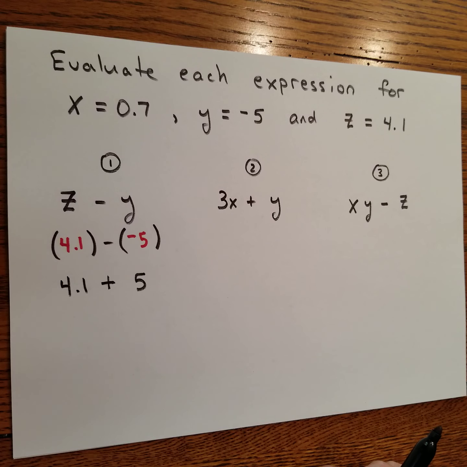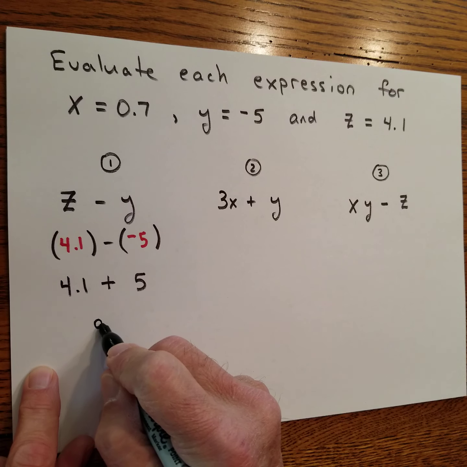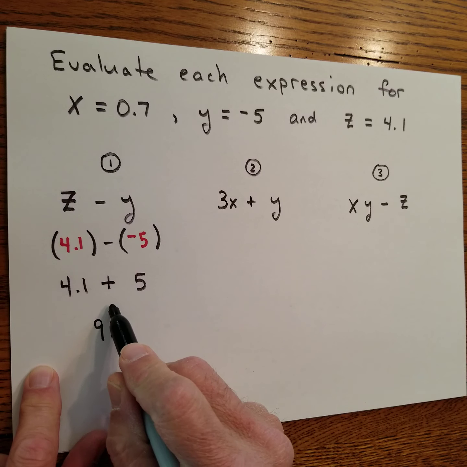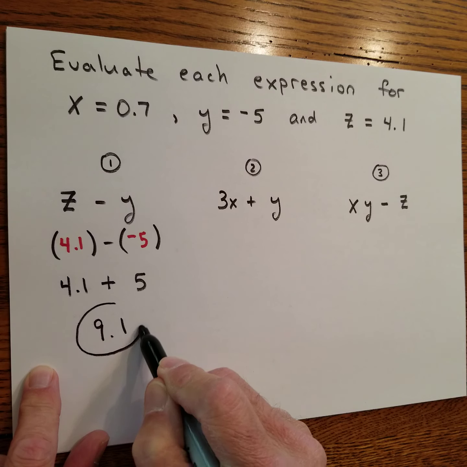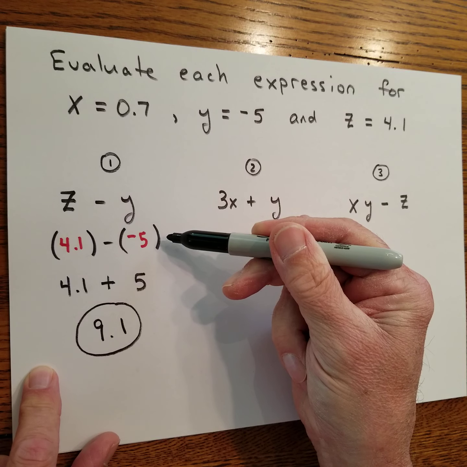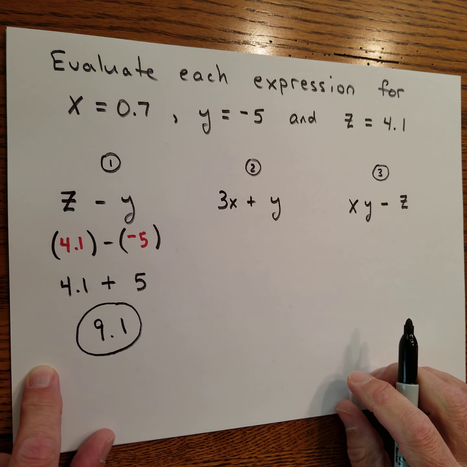Well, I don't even need a calculator for this one now. I can add 5 and 4 is 9. So 4.1 plus 5 is 9.1. There's the way I want you to show your work. Write the problem down, use parentheses to plug in, and then show your work leading to your final answer.